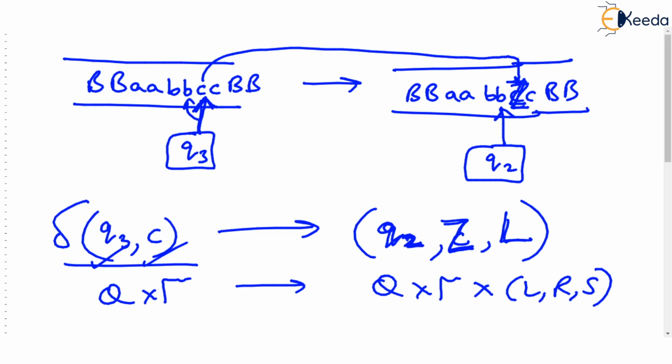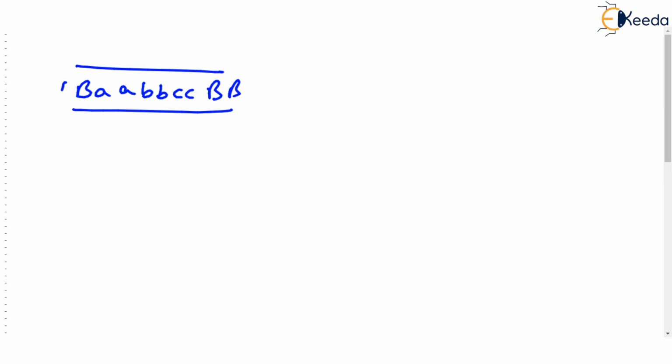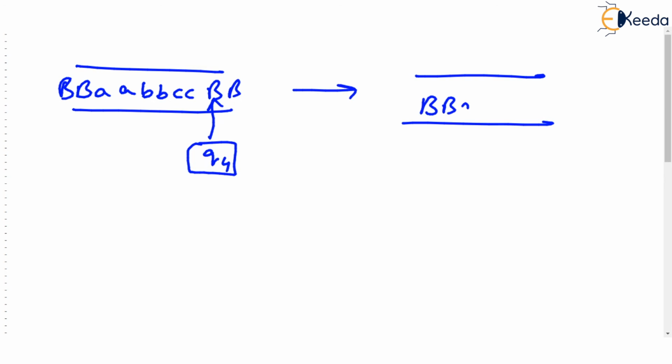Okay. Finally, what will you say about this input configuration and output configuration? Let's say I have A, B, B, C, C surrounded by blanks. And imagine we are at this blank now, and we are in Q4 state. And this results in a configuration like this.